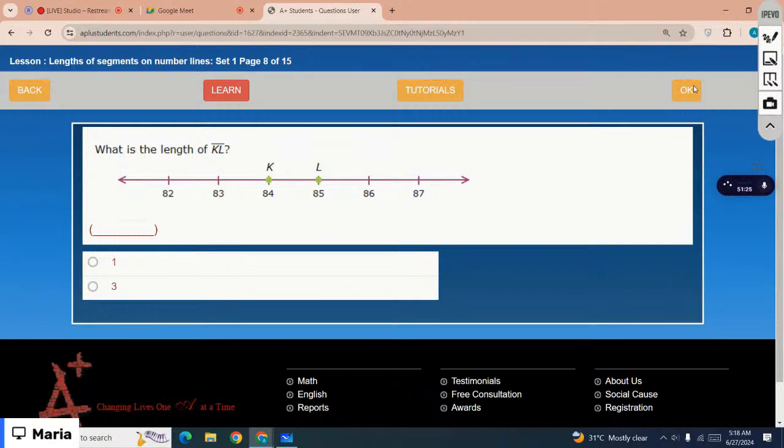Length of KL. Yes, 1. The correct option is 1.